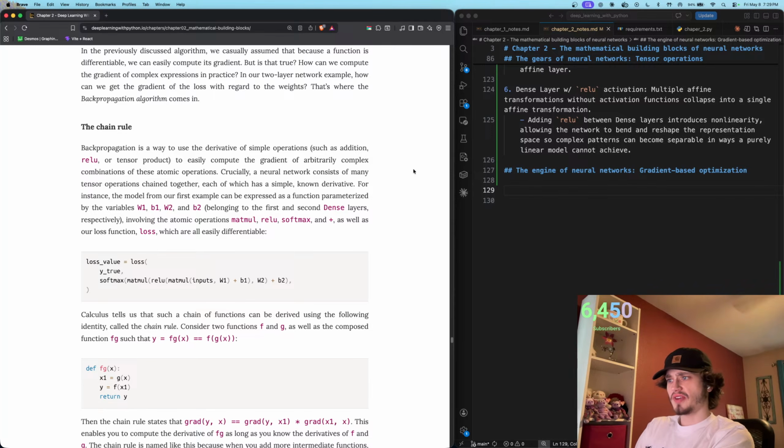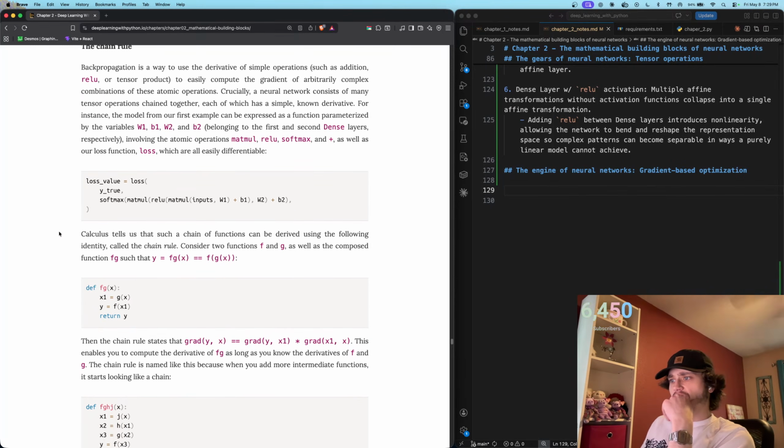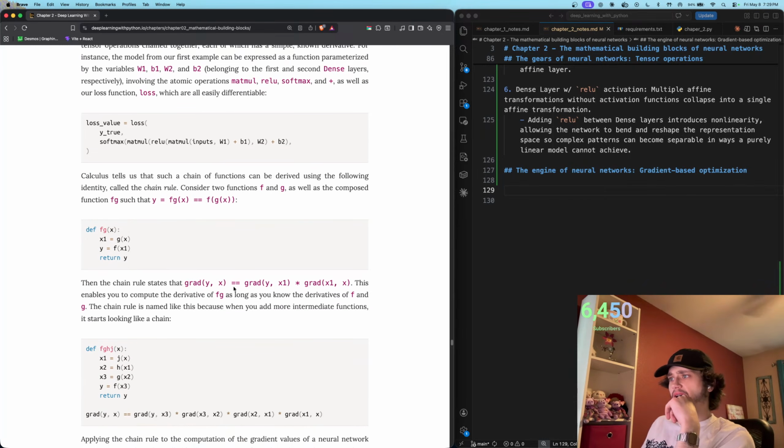Def fg of x: x1 is equal to g of x, y is equal to f of x1, return y. Then the chain rule states that the gradient of y with respect to x is equal to the gradient of y with respect to x1 times the gradient of x1 with respect to x.